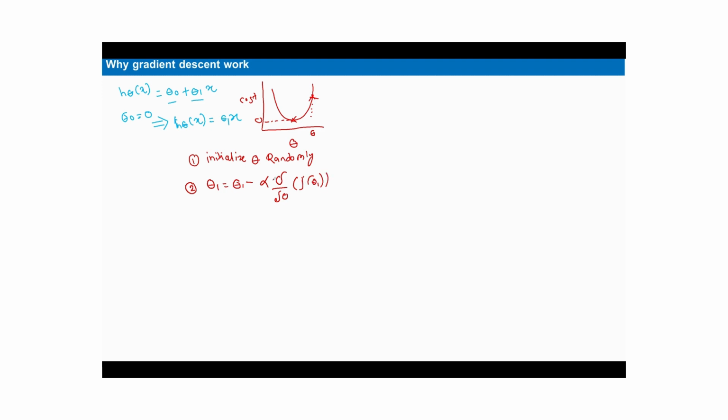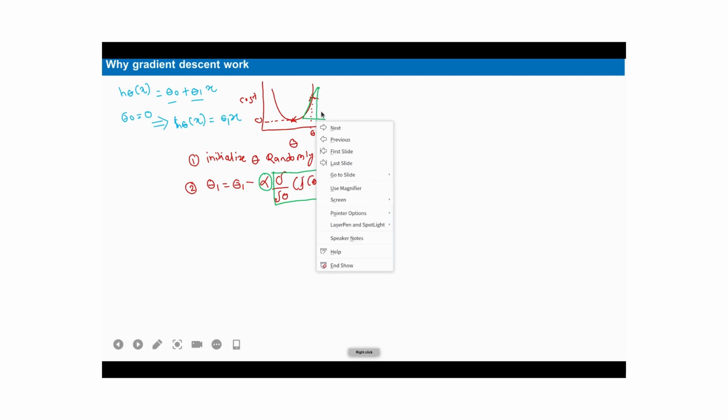Now I will use a different pen color. As I said, this is the learning rate, and this term will try to find the slope of the tangent to this function.